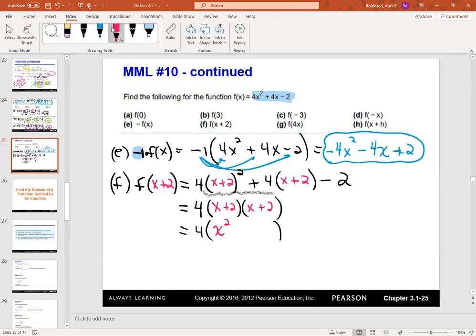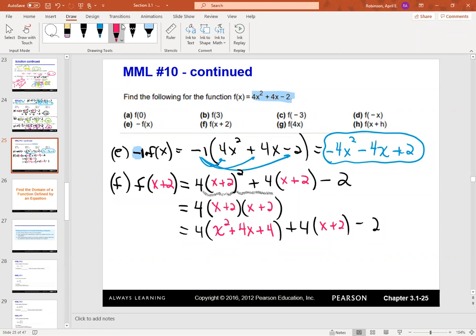My outsides would be a 2x, and so would my insides. So altogether, my middle would be 4x. And then last times last, 2 times 2 is 4. And then I'm just going to copy the rest of this down.